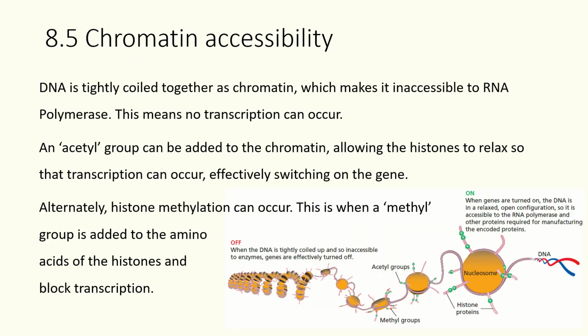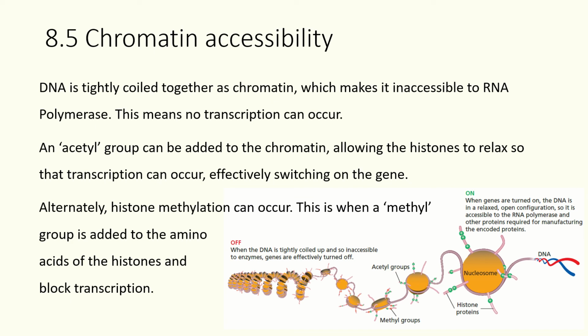Looking at the first factor there, chromatin accessibility. We know that DNA is tightly coiled around histone proteins to make chromatin, and as it's wound up there, it's not accessible to RNA polymerase. If it's not accessible to RNA polymerase, we can't have transcription. It's as simple as that.